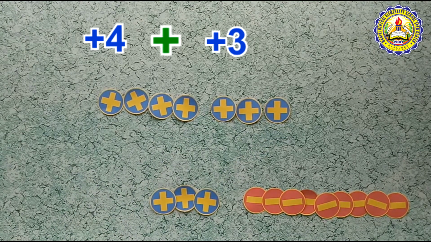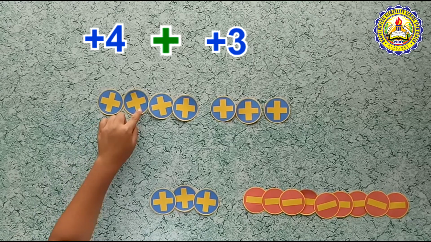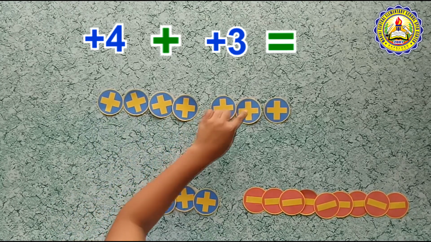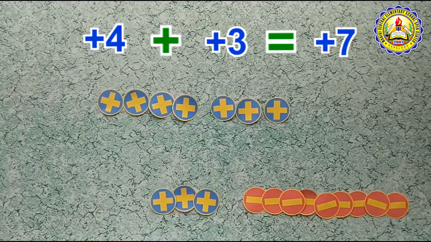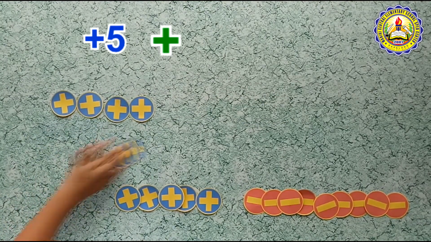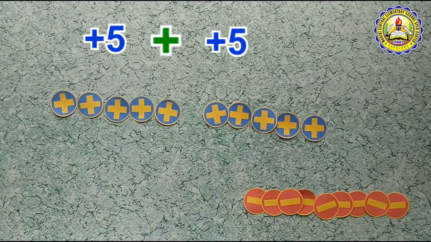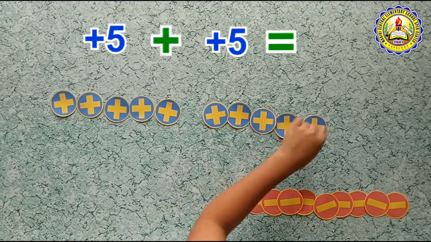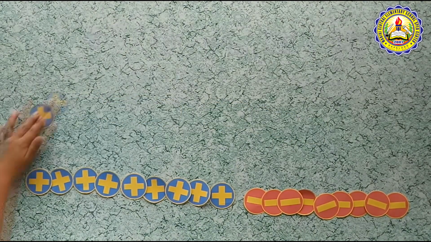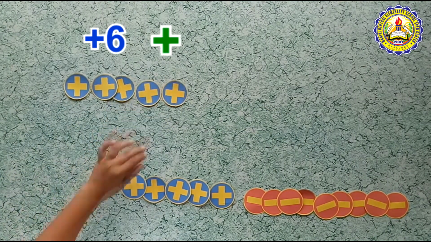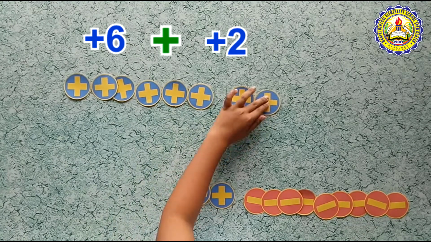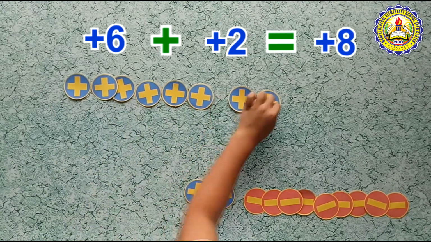So 4 positive chips plus 3 positive chips becomes 7 positive chips. Positive 5 plus positive 5 is equal to positive 10. Positive 6 plus positive 2 is equal to positive 8.